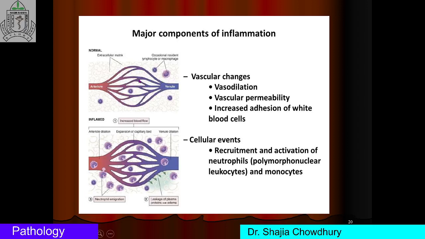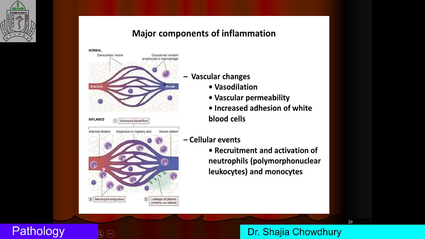This is the normal blood vessel, and this is the inflamed blood vessel. The first component is vasodilation, that is, arterial and venous dilation, expansion of the capillary bed, and leakage of plasma protein and plasma and neutrophil immigration. Dilatation, increased vascular permeability, and immigration of leukocytes from inside to outside.